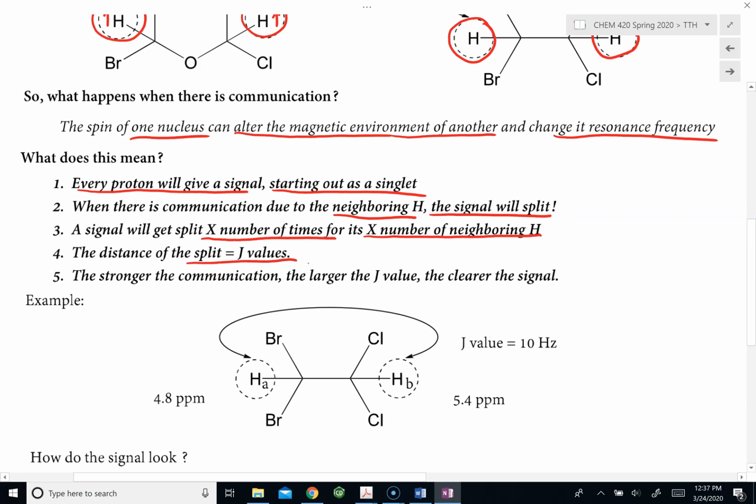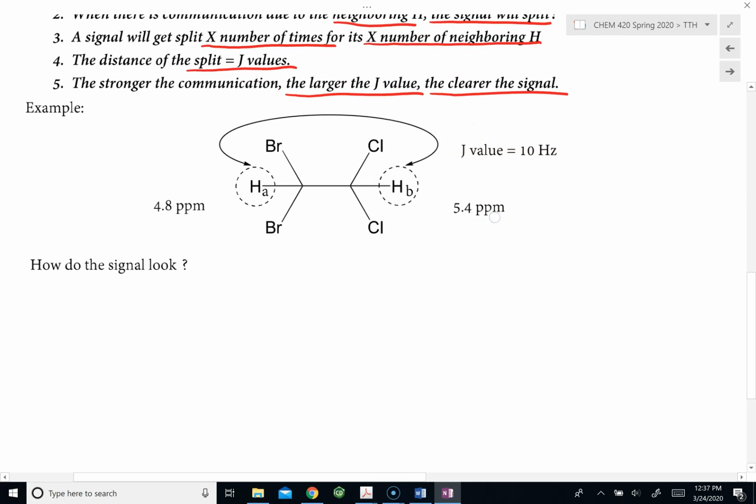The stronger the communication between two hydrogens, because they're closer together, the larger the J value, and the clearer the signal would be. For example, going back to this previous example, we see hydrogen A and hydrogen B can communicate with each other. Here, the J value to describe this extent of communication has been found experimentally to be 10 Hz.